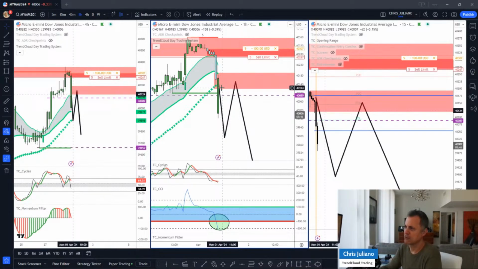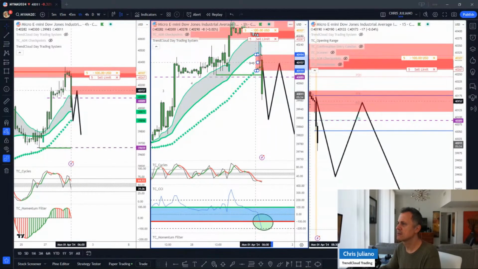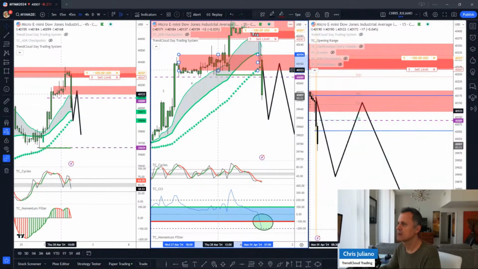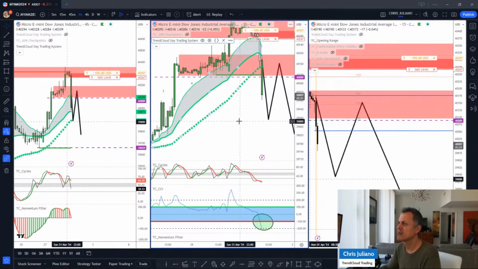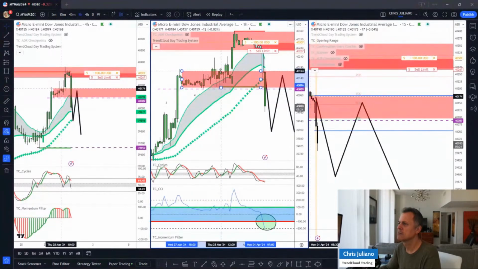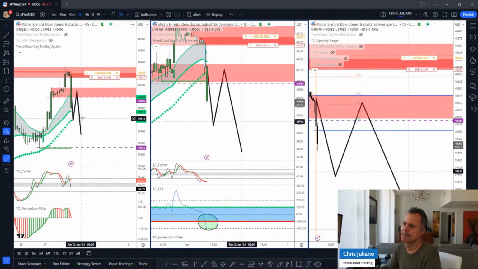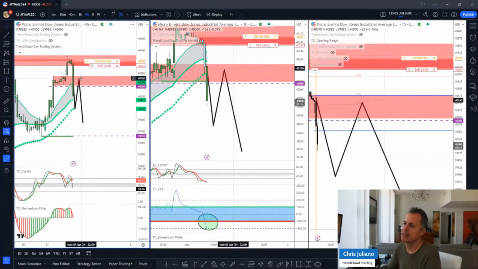It looks like a continuation of the downtrend, right? We're below the 50%, below the 50 simple. It comes back, we're going to retest this area, all that consolidation, and then the move down.